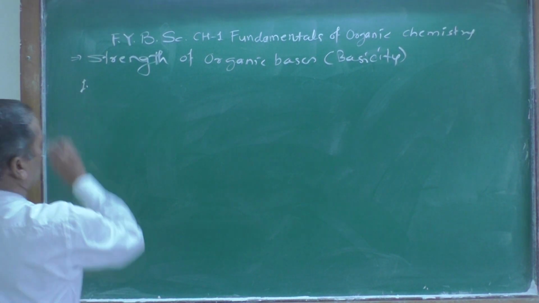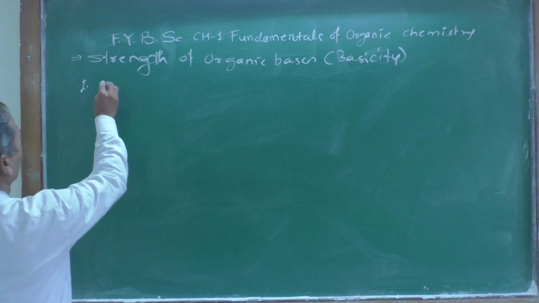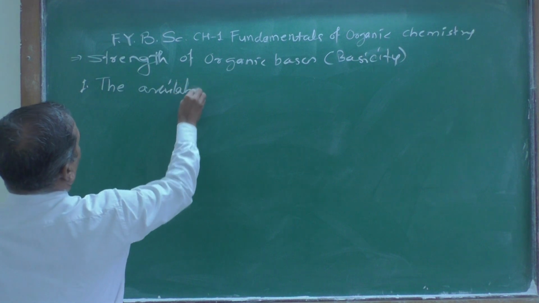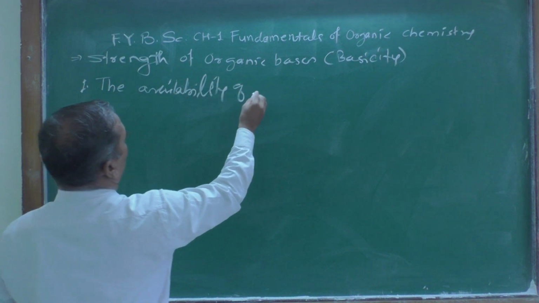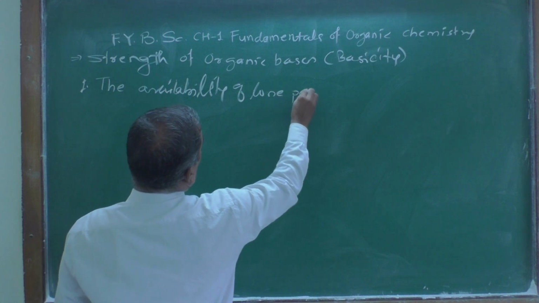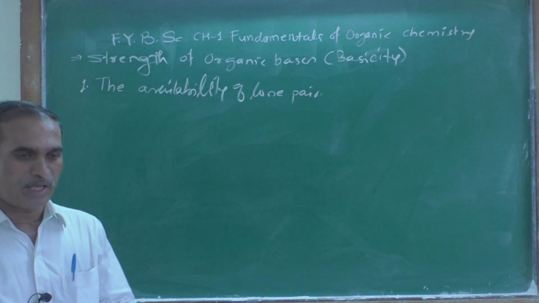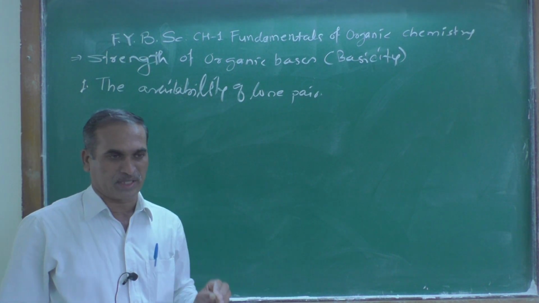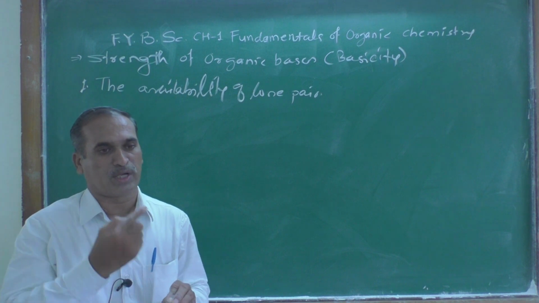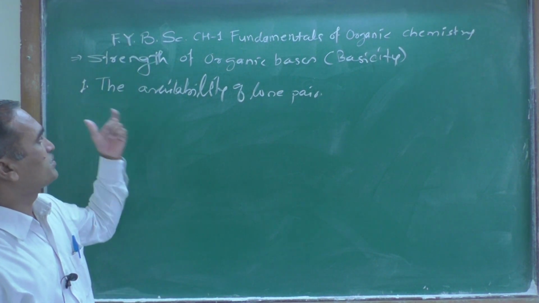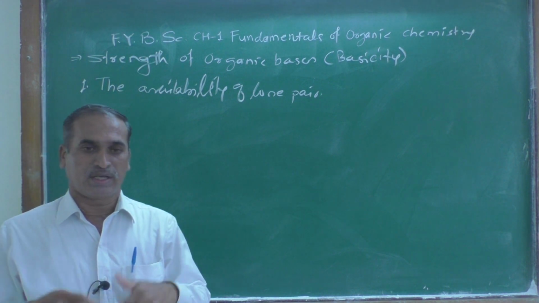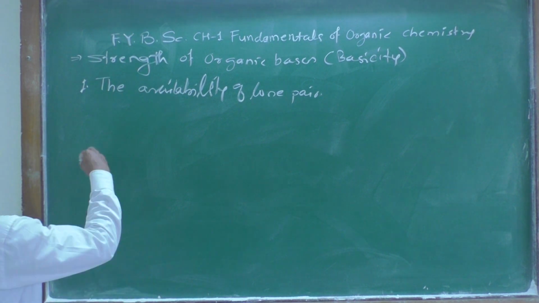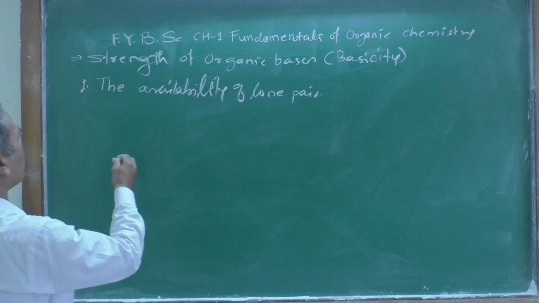Number one is the availability of lone pair. Just now we have seen an example where a lone pair is present and it can donate that lone pair. If the availability of the lone pair is great, then it will be more basic in nature.